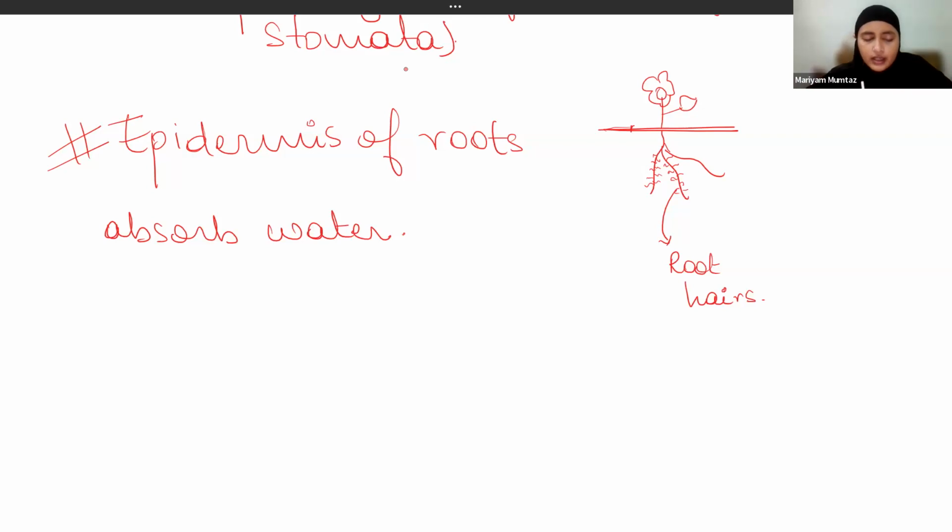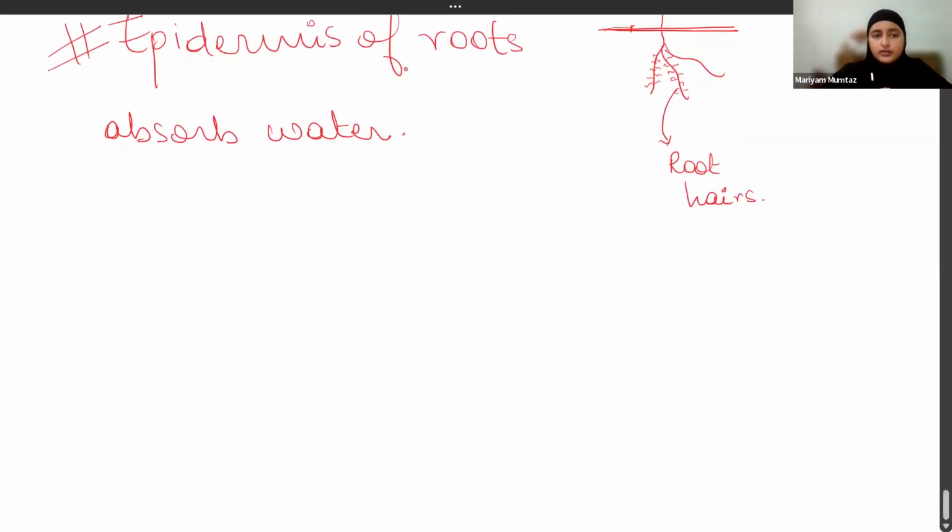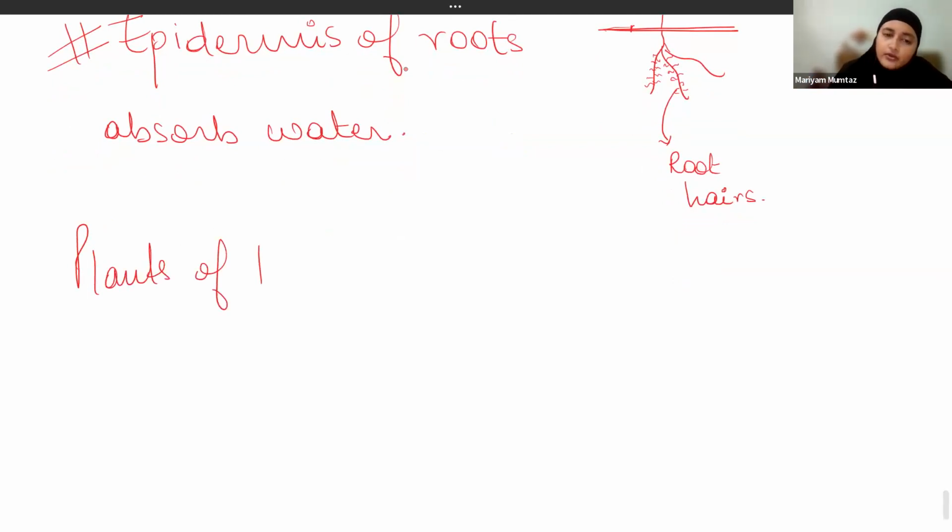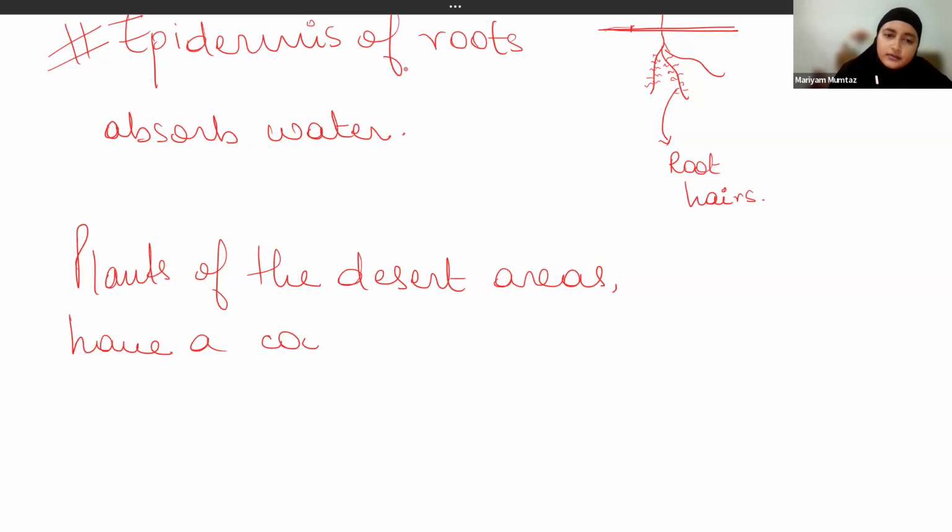Now, if we talked about the dry habitats, now we'll talk about the deserts. All those plants that are present in the desert area have a coating of cutin. So plants of the desert areas have a coating of cutin.